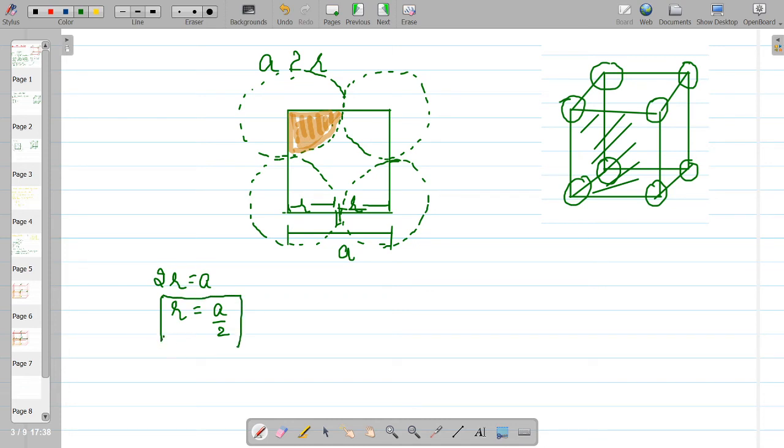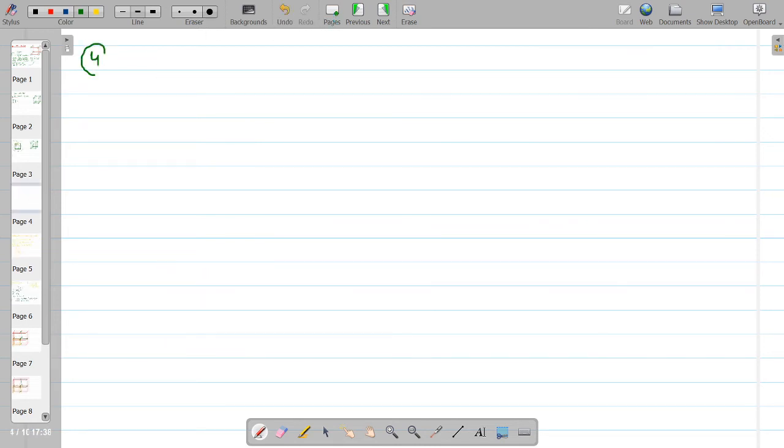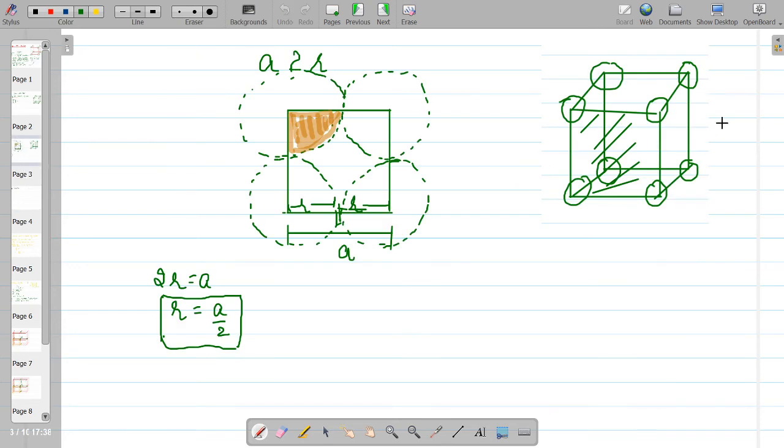By using this relation, we can calculate the fourth property, which is the packing fraction. Now let's move towards its fourth property, which is the packing fraction. Packing fraction क्या होगा अगर if you consider this diagram, as you can see कि यहाँ पे एक हमारे पास एक क्यूब है, उस क्यूब के अंदर मतलब हमारे पास यहाँ पे एटम्स हैं.